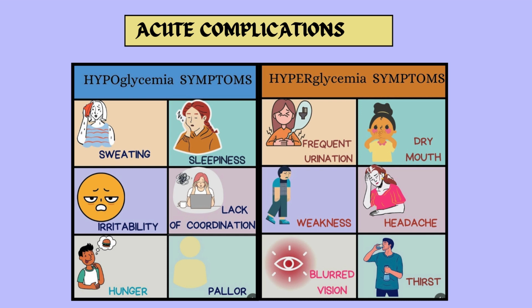If it's not treated on time, it can lead to disorientation, loss of consciousness, and seizures. So patients who have diabetes mellitus should have sugar, sugar cubes or candies inside their bag or pockets all the time, or glucose tablets.